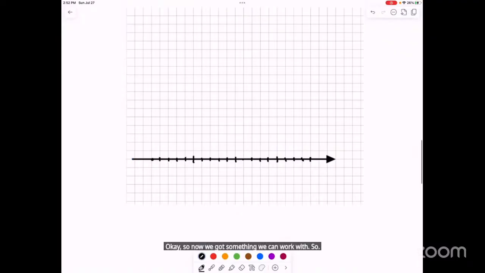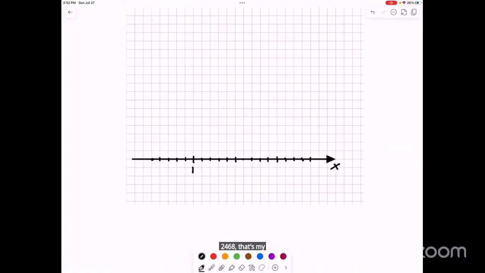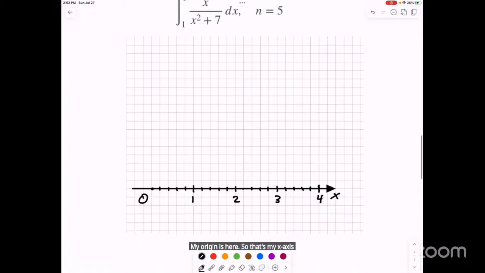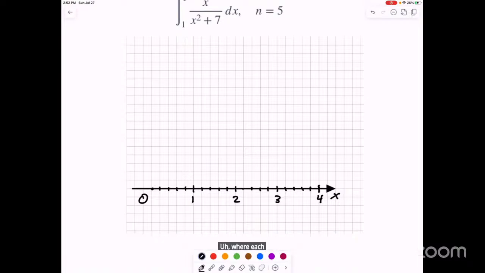Say this is my positive x here. 2, 4, 6, 8, that's my 1. That's my 2, that's my 3, and my 4 is here. My origin is here, so that's my x-axis. Now we have tick marks that we can use. We're going from 1 to 3, where each subinterval has a width of 2 over 5, which is 0.4.